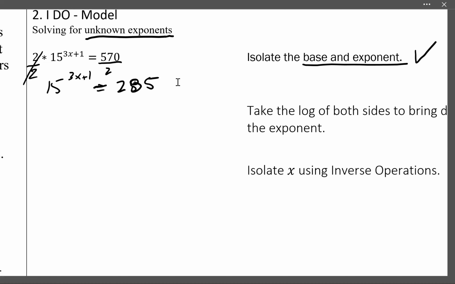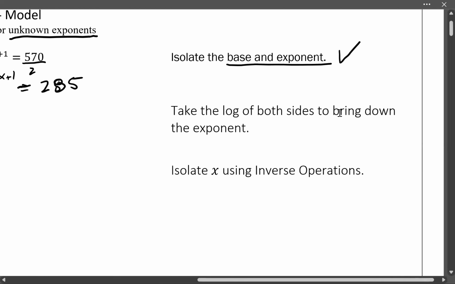Okay, so we isolated the part that has the exponent we're trying to find in it. All right, so the next thing we do is take the log of both sides to bring down the exponent. And here's what I mean.